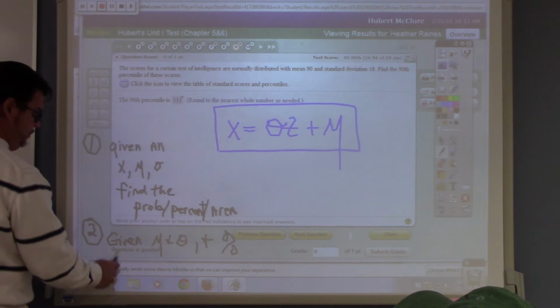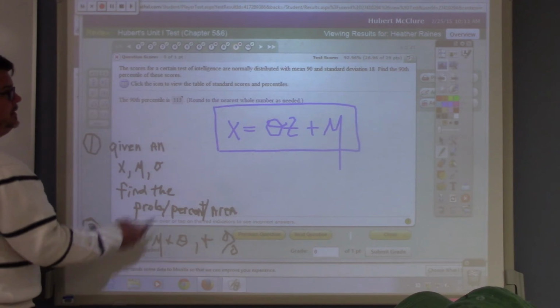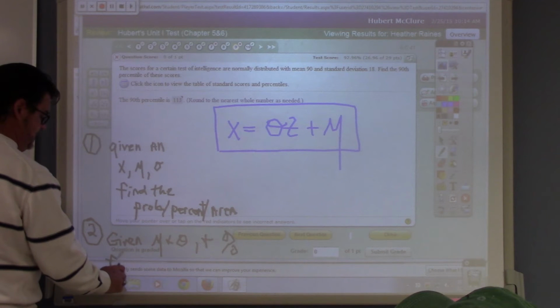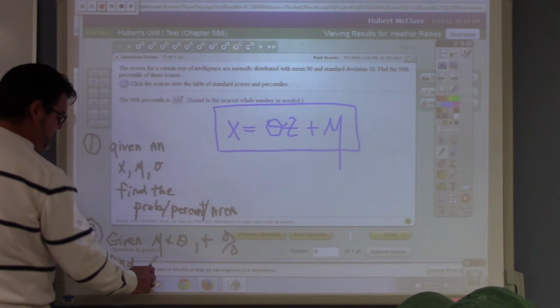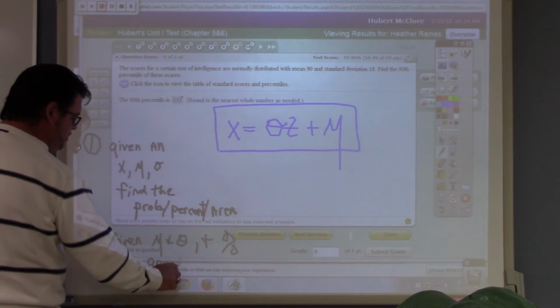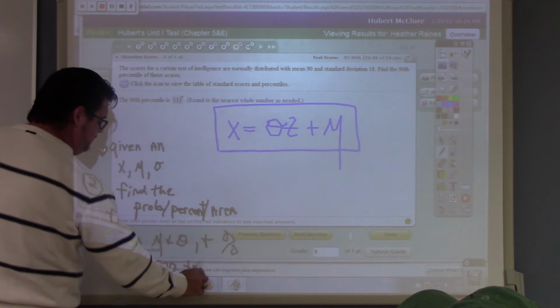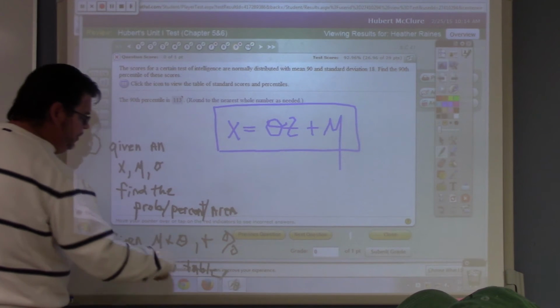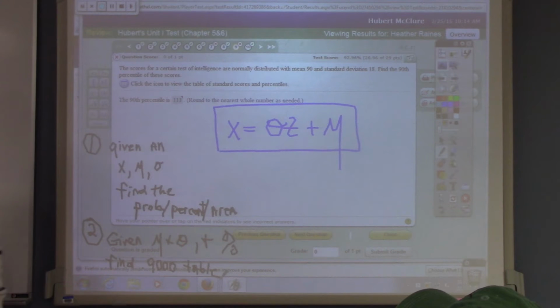The first thing you're going to have to do is find 0.9000 in the table. Of course, you have a table in your book. It's probably in the appendix.